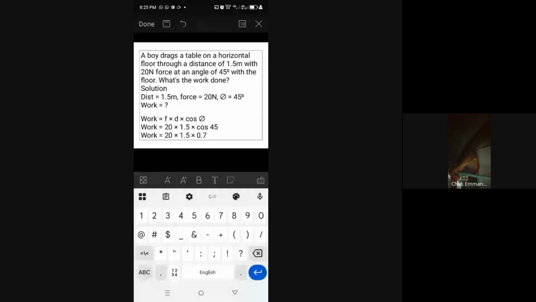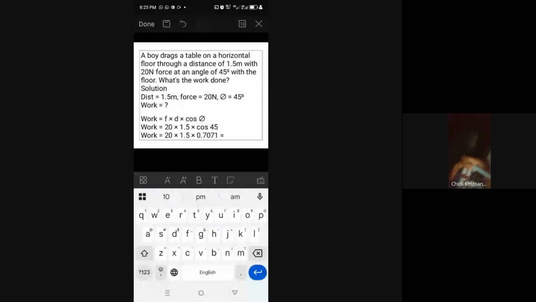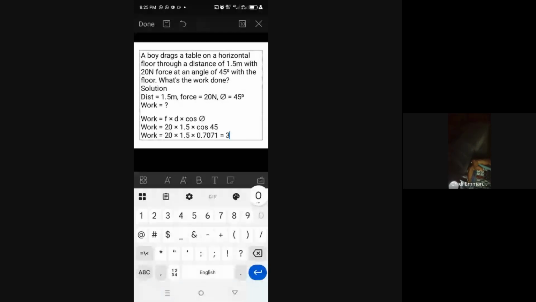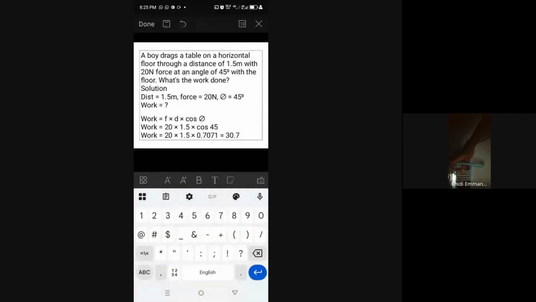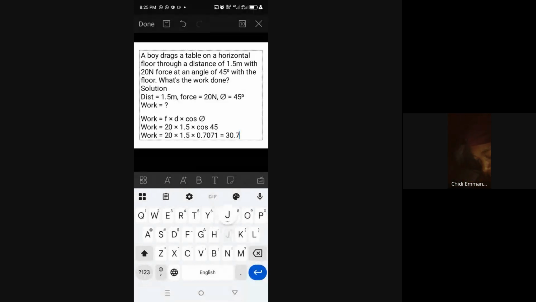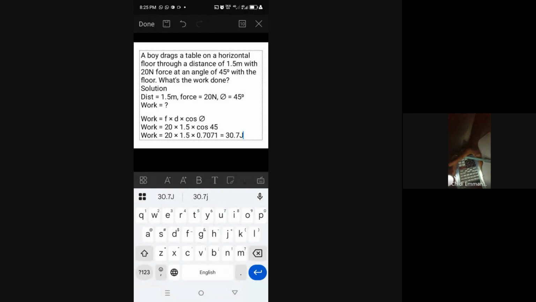The answer is 30.7071, so 30.7 is okay. What is the unit for work? Joules. It is the same as the unit of energy.